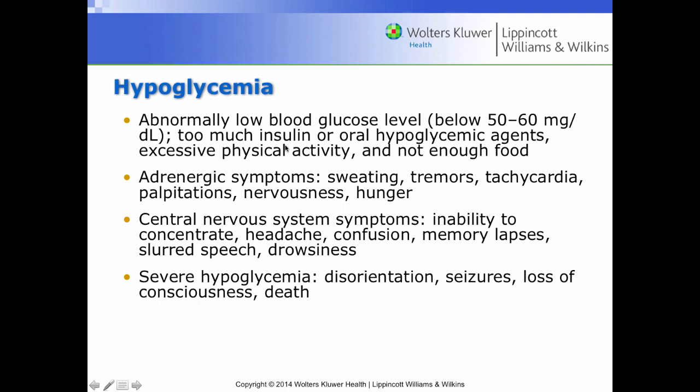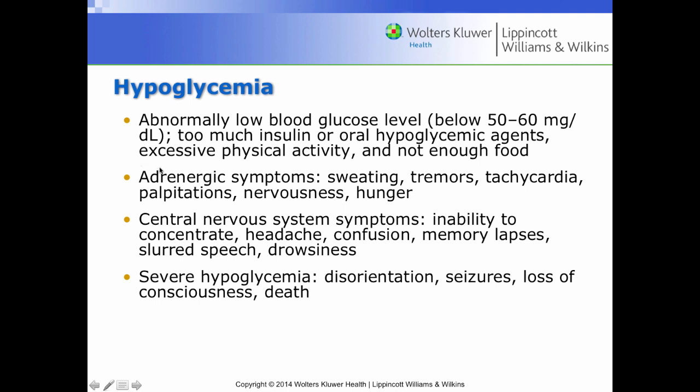When someone experiences hypoglycemia frequently enough, unfortunately they start to lose this adrenergic phase. If someone taking insulin or oral hypoglycemic drugs experiences this complication often enough, their sympathetic nervous system adapts to the low blood glucose and no longer activates when blood glucose drops.